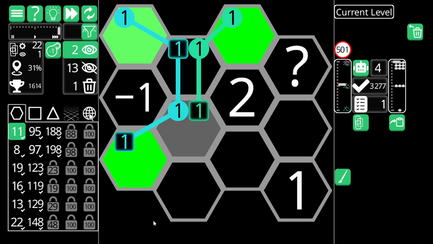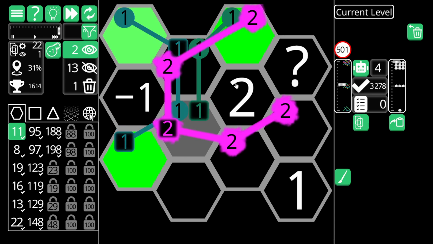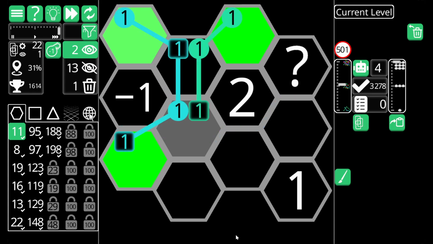Like, this kind of interaction should happen a lot, where two clues are facing each other, and they see their overlap differently because one of them's negative and the other's positive. I don't know. I don't like it.